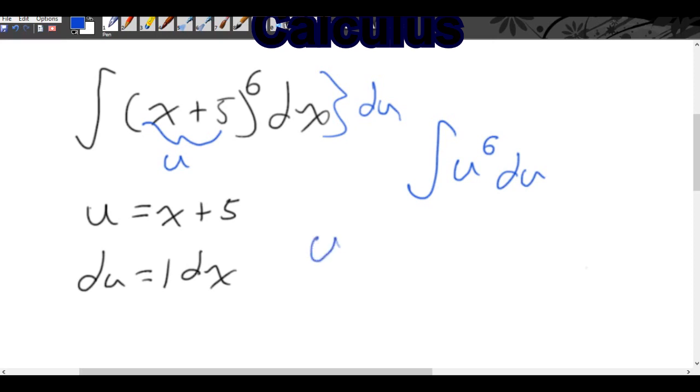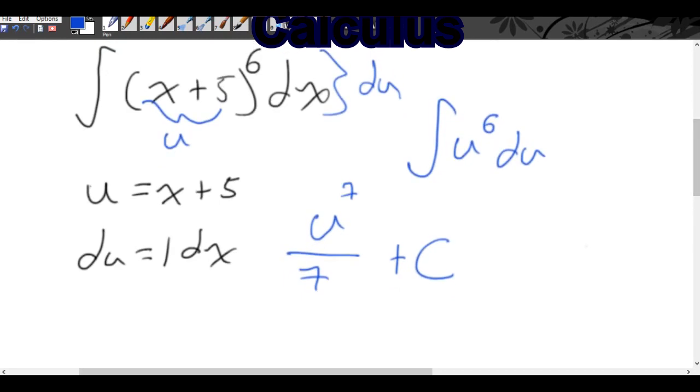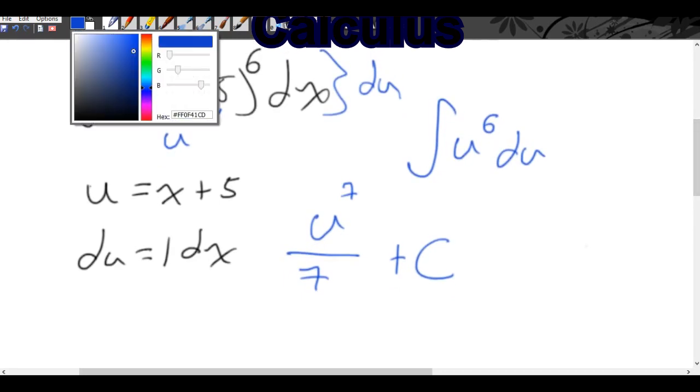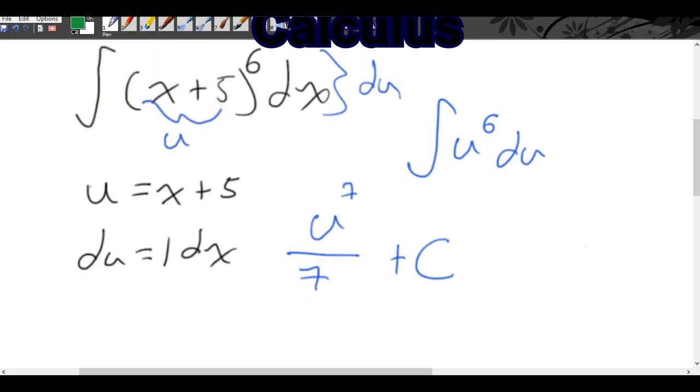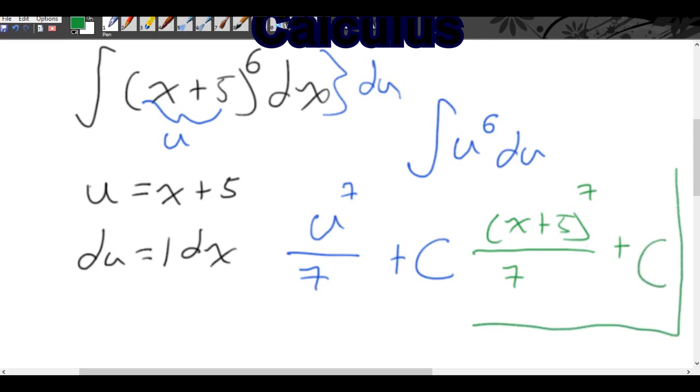Integrating this gives us u to the power of 7 over 7 plus c, and plugging our u back in, and we use green this time, gives us x plus 5 to the power of 7 over 7 plus our big constant c.